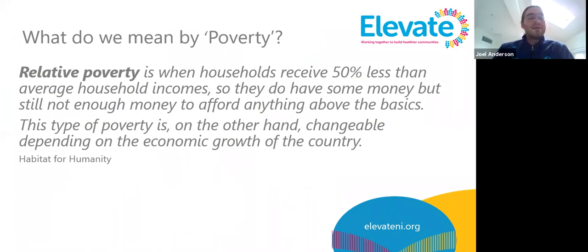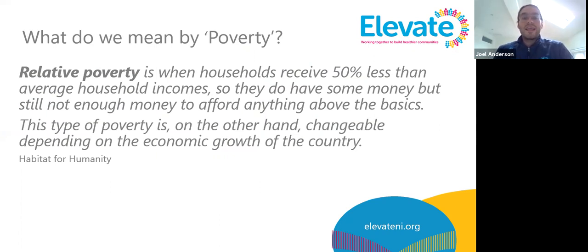So what do we mean when we talk about poverty in this session? Well, we understand it through the term relative poverty. This definition is from Habitat for Humanity. Relative poverty is when households receive 50% less than the average household incomes. So they do have some money, but still not enough money to afford anything above the basics.